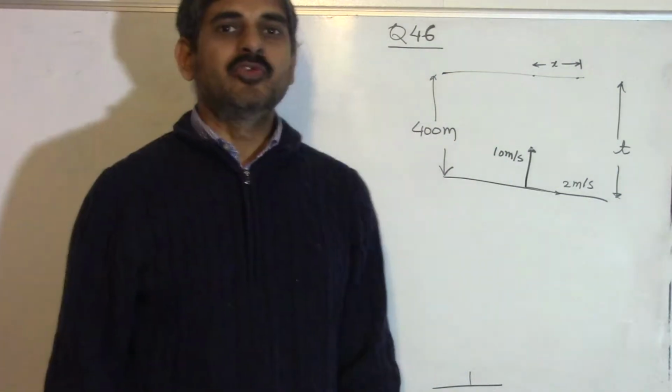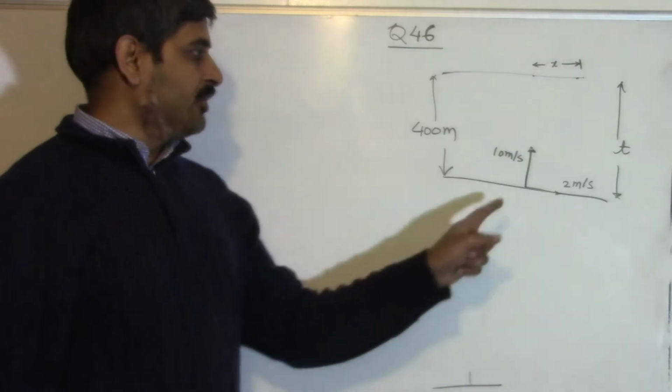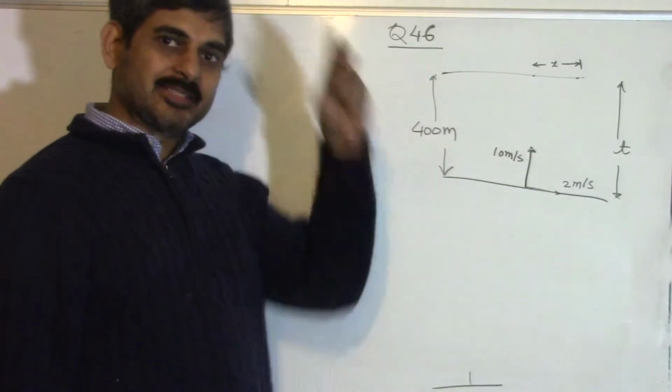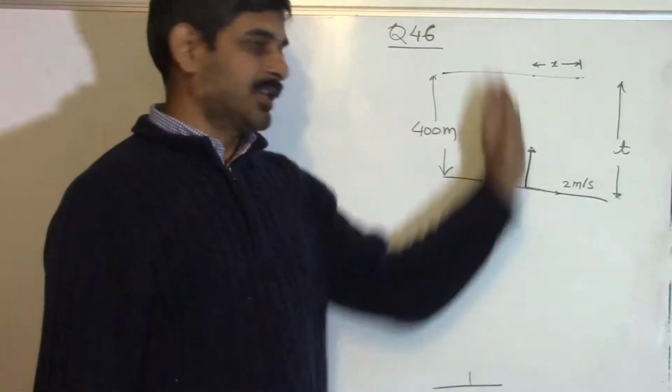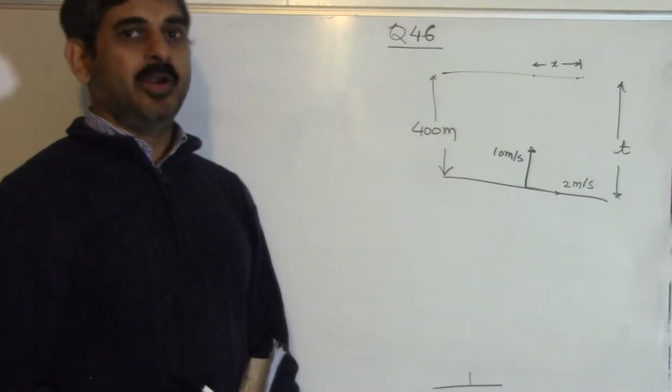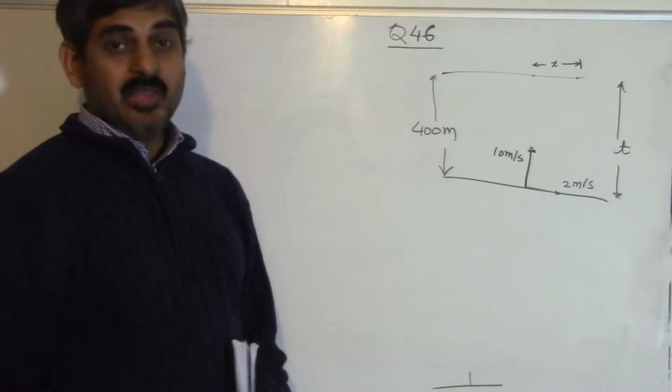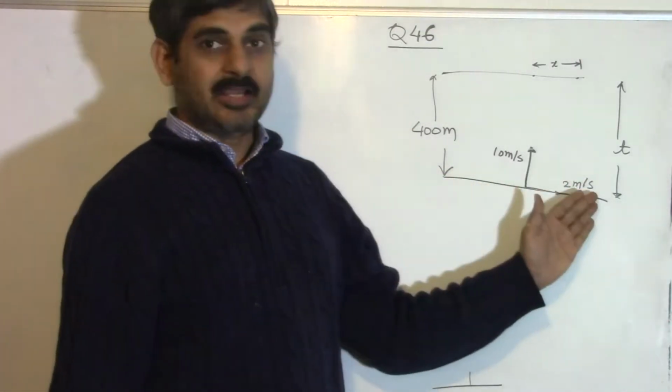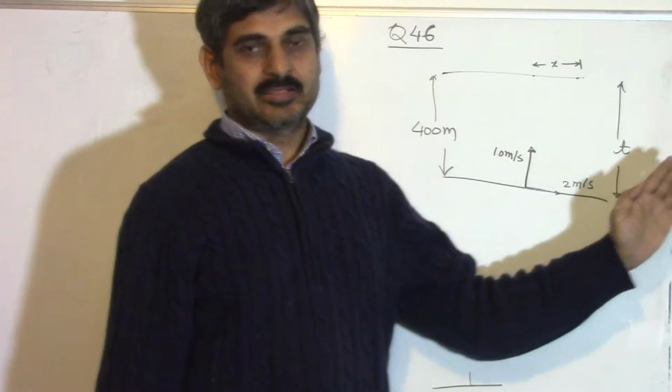In all types of this boat problem, we need to resolve these velocities in two directions. One in this direction, other in this direction, and then your life will be much easier. In this particular problem, the river velocity 2 meter per second is taking the boat in this direction.